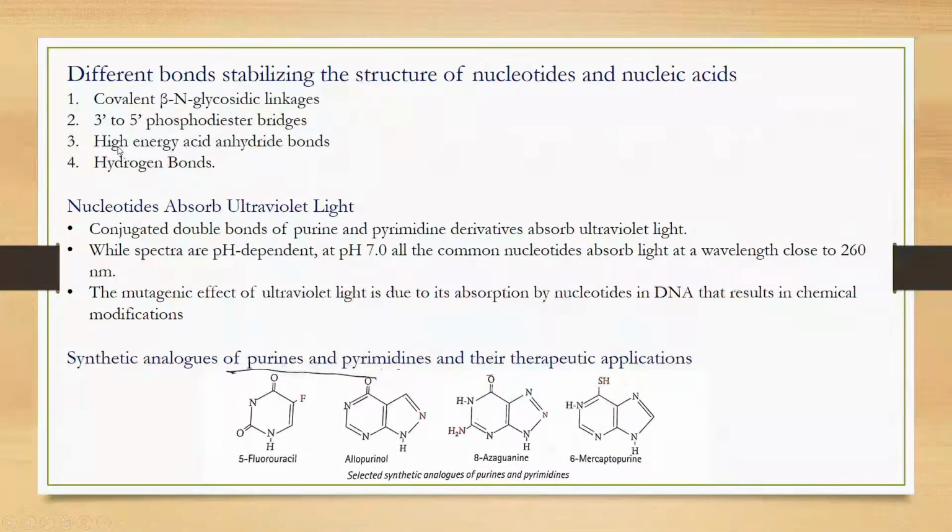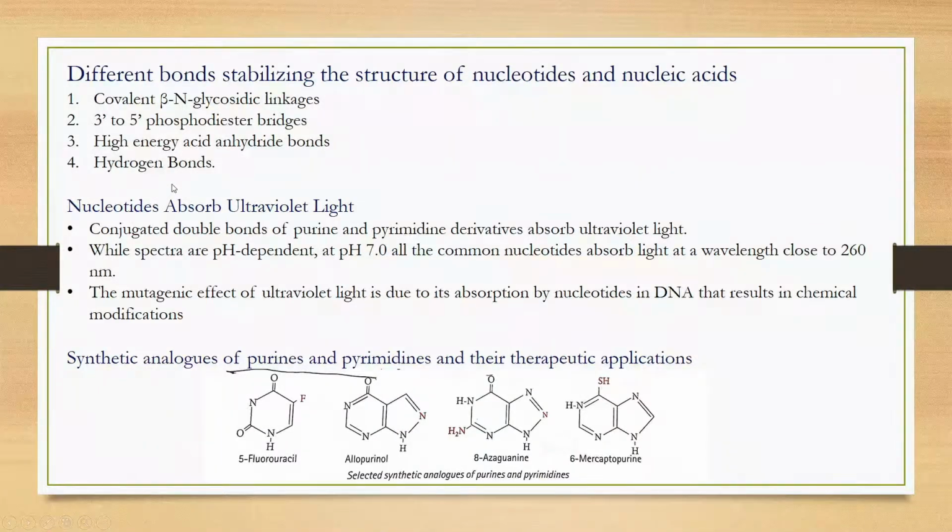Besides this, there is the high energy acid anhydride bond found in ADP and ATP, and this yields 7 kilocalories per mole of energy for hydrolysis of each high energy bond. And we see the hydrogen bonds between adenine and thymine, or between adenine and uracil.